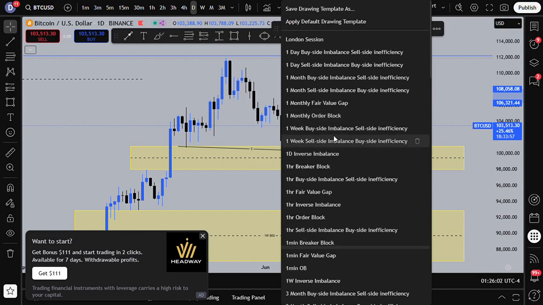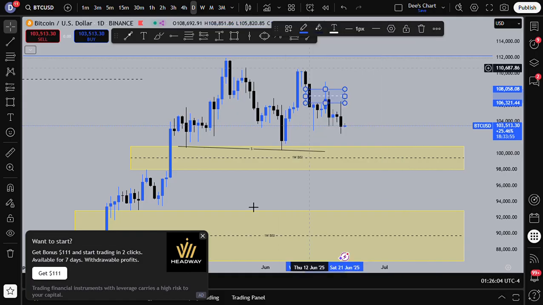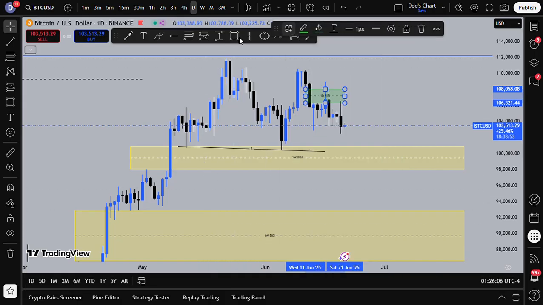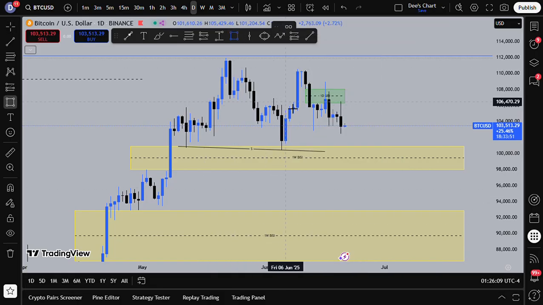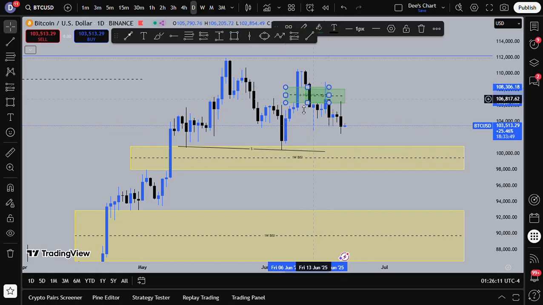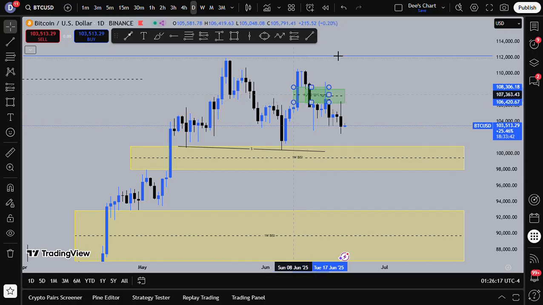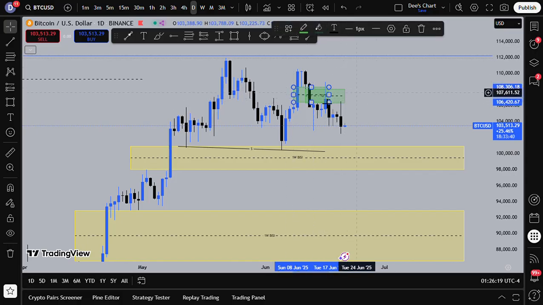So this is my daily SIBI, and this is coupled and overlapped by my daily inverse. This was supposed to be a BISI to push price higher, but as you can see, we violated that BISI and created a SIBI, which is also an inverse fair value gap.